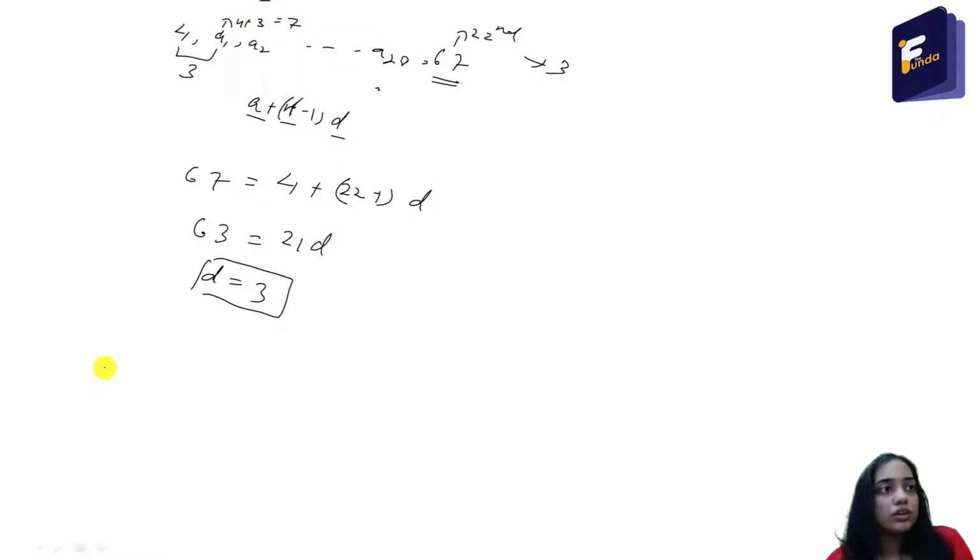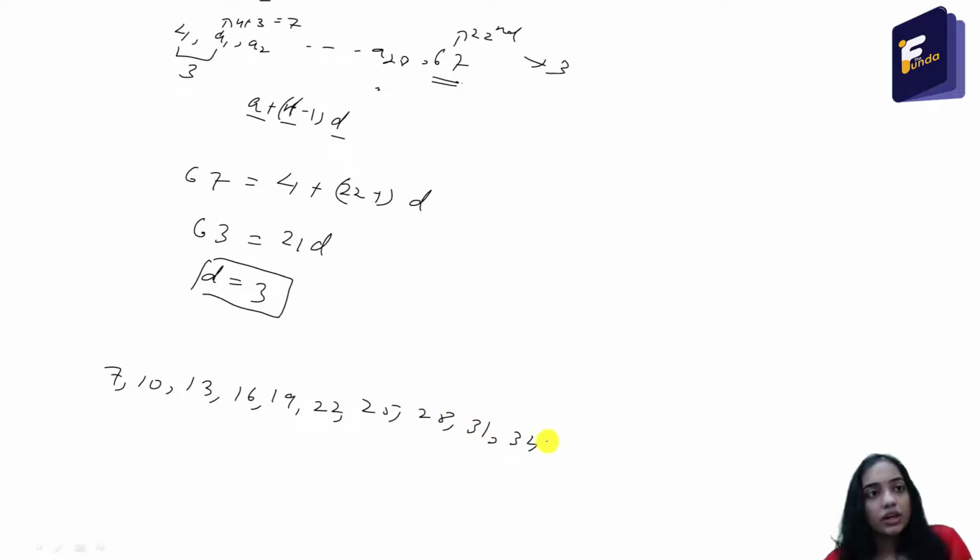Similarly, all the terms, just adding 3 each time: 7, 10, 13, 16, 19, 22, 25, 28, 31, 34, 37, 40, 43, 46, 49, 52, 55, 58, 61, 64.